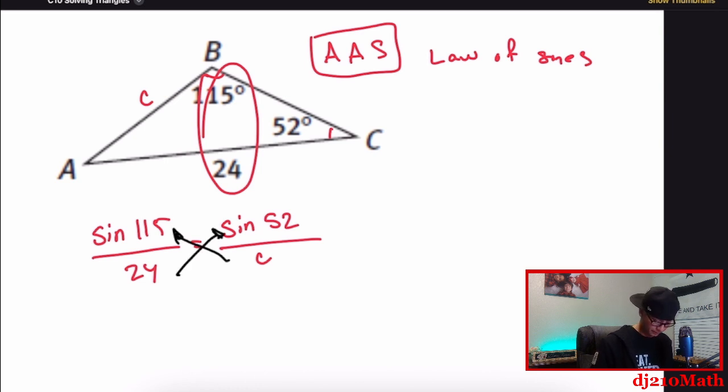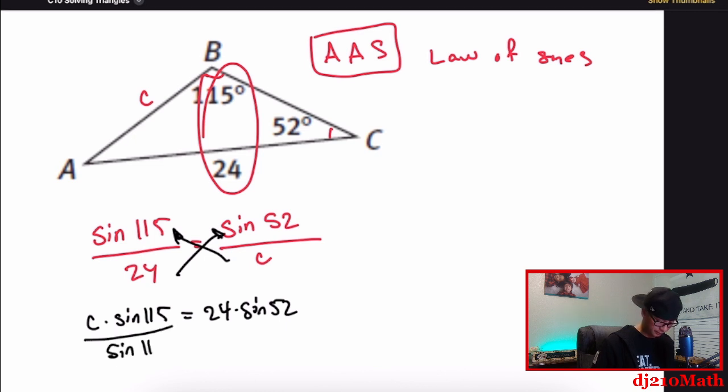So little c sine 115 is equal to 24 times sine 52. We're isolating little c, so I have to divide both sides by sine of 115.